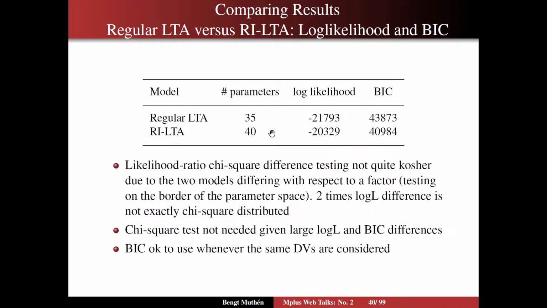That corresponds to the 5 factor loadings for the random intercept factor that we hold equal across time, so 1 for each of the 5 latent class indicators. And you notice what a big improvement we get in the log likelihood. Minus 20,000 is far higher than minus 21,000. It's about 1,500 points better.